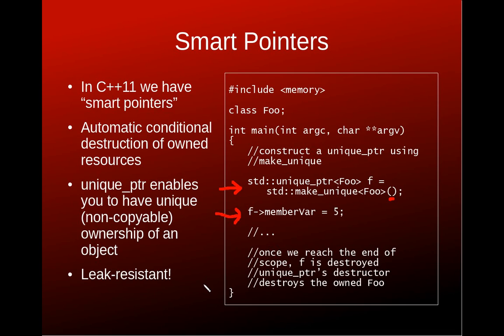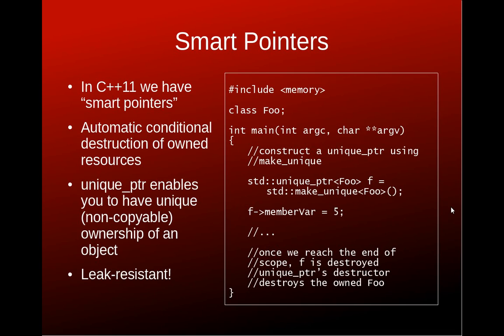And then, down here at the end of main, our unique pointer will go out of scope. Okay, so its destructor will be invoked, and the unique pointer's destructor will destroy the owned object for us. So we don't have to, in this case, manually free the memory. Unique pointer will handle freeing the memory for us.